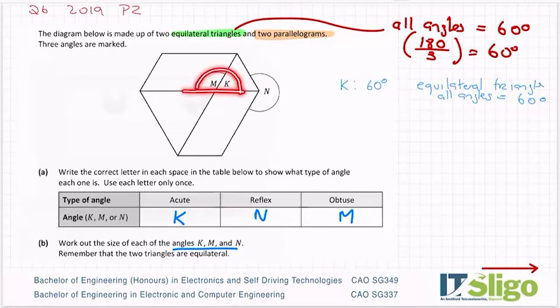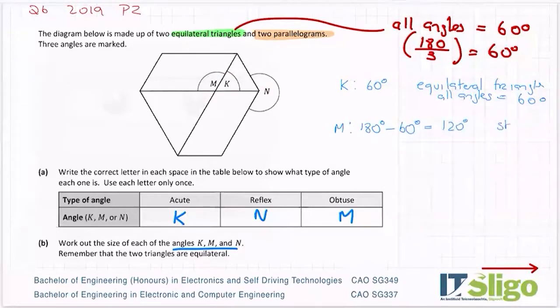Okay, the next one then I'm going to do, I think, is M, because I see, remember I called it a protractor in the last class. I see a straight angle. Do you see that? So let's go M. So it's 180 degrees because that's my straight angle minus the 60 degrees of K. So it's 120 degrees. And my reason for this one is a straight angle. Okay. And then finally N. Okay.